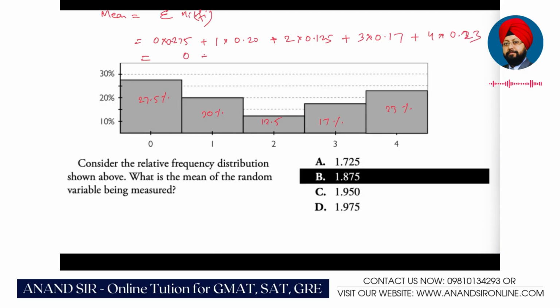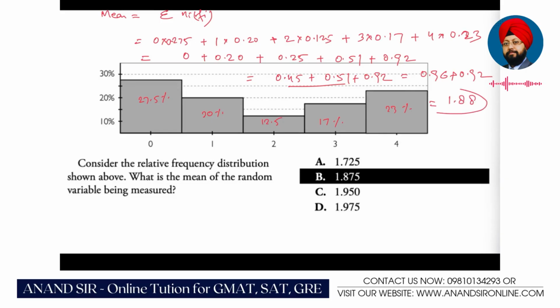So this is 0 plus 0.2 plus this is 0.25 plus 0.51 plus 0.92. When I add all of them, I get 0.45 plus 0.51 plus 0.92. If I add these, I get around 1.88. So I observe that this is the correct answer.